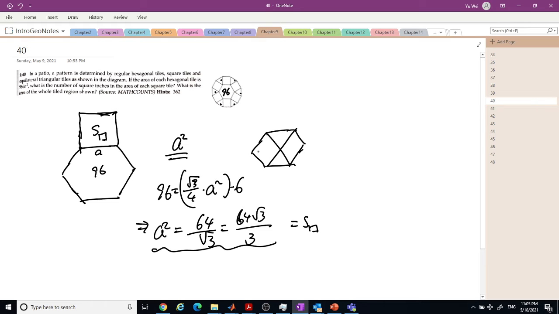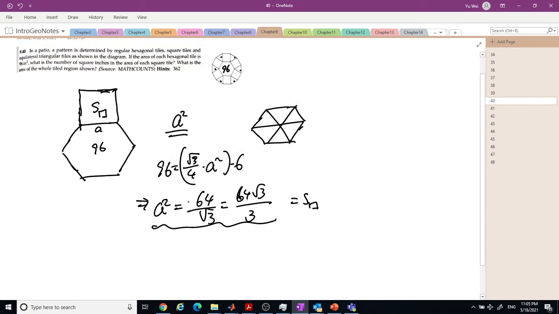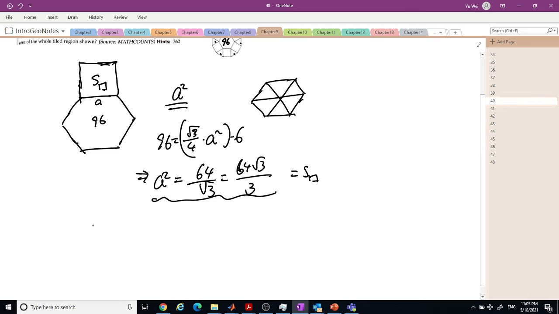So the equilateral triangles are 96, plus the middle hexagon is 96, plus we have 6 sides and 6 squares. So it's 6 times 64√3/3, which is 128√3, then plus the 192 is 192 plus 128√3.